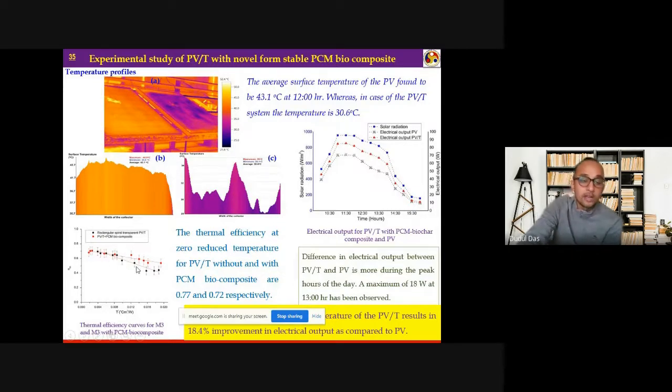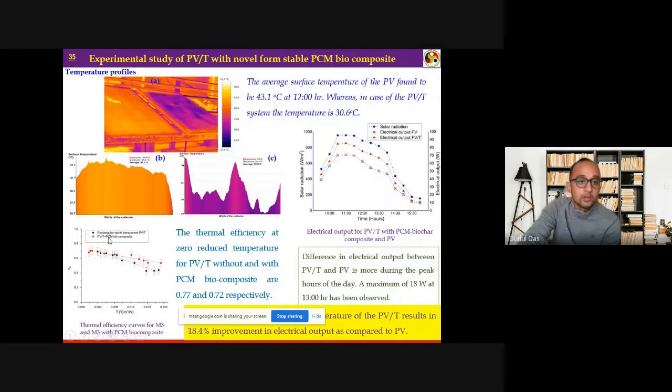Also, when we use this PCM biocomposite, the degradation of the thermal efficiency when the temperature of the outlet fluid decreases is not very drastic. The black marks show the thermal efficiency of the rectangular spiral PVT without incorporating the PCM biocomposite. When the temperature goes down, we can see a sudden decrease in the thermal efficiency.